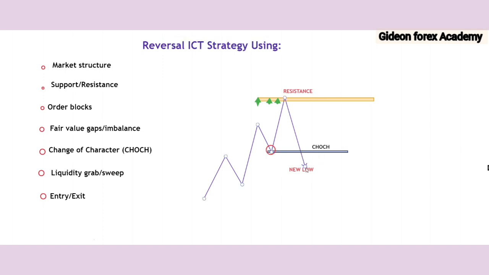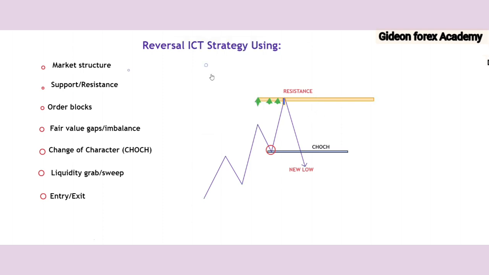All right, so it has formed a new low, and now what we are anticipating, here at resistance, is our order block forming. It would be the last bullish candle. I'll change that to blue.